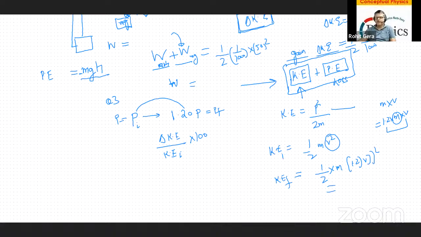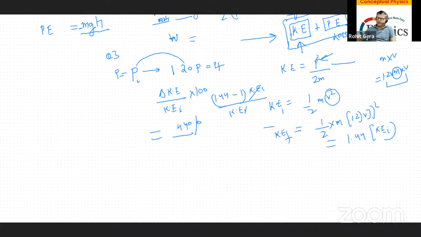It is 1.44 times the initial kinetic energy. So your kinetic energy final minus initial will become 44%. 1.44 minus 1 divided by initial kinetic energy. Percentage hamesha initial se calculate karte hain. 44%. Ye lagana hai directly, ye laga lo, marzi hai.